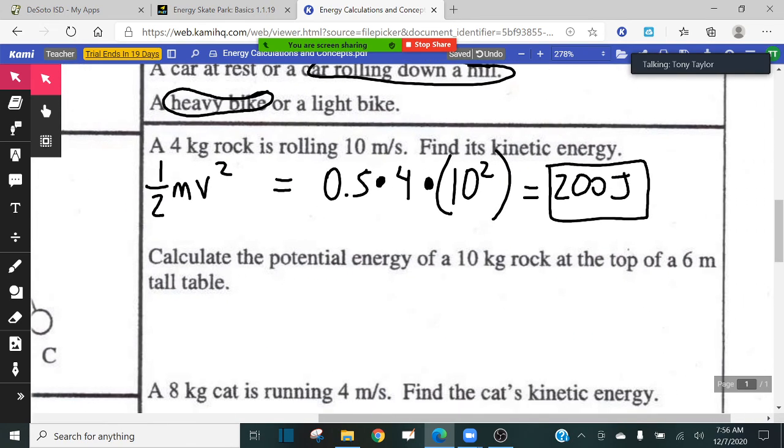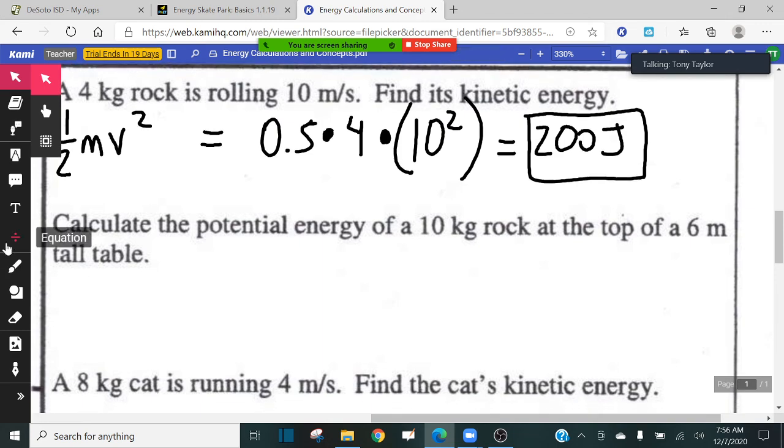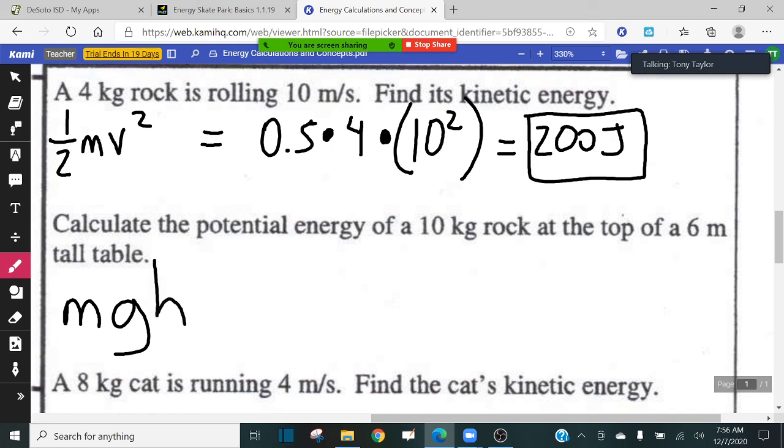now let us do one more, just so you guys will know how to do this. Calculate the potential energy of a 10-kilogram rock at the top of a 6-meter tall table. So remember the equation for potential energy. Sometimes you'll see it written like this: m times little g times height. In other words, the mass is 10 kilograms.